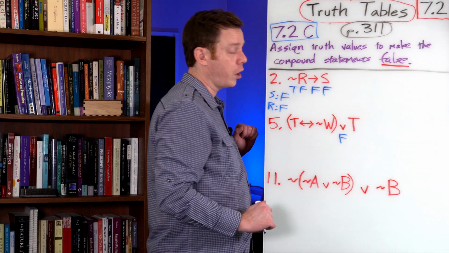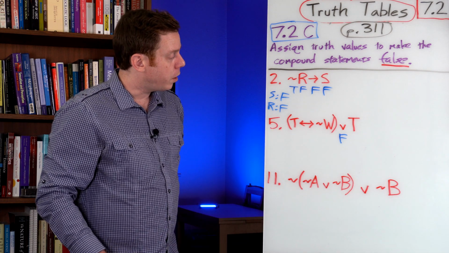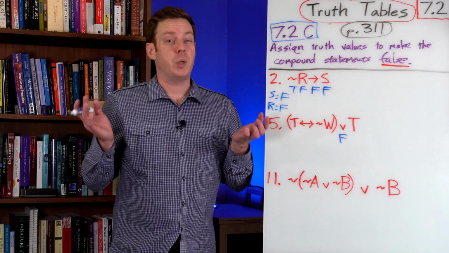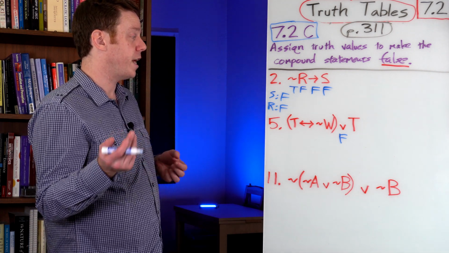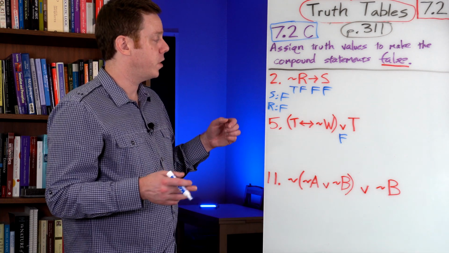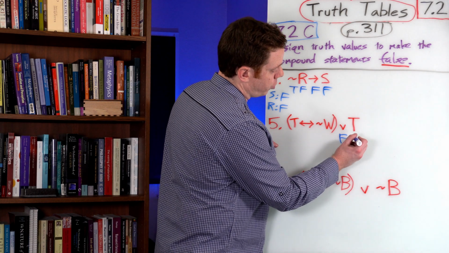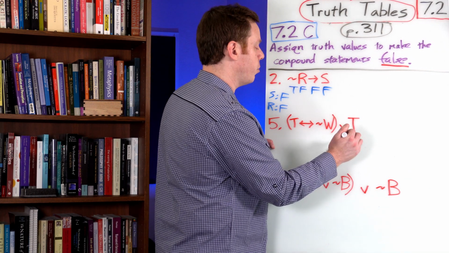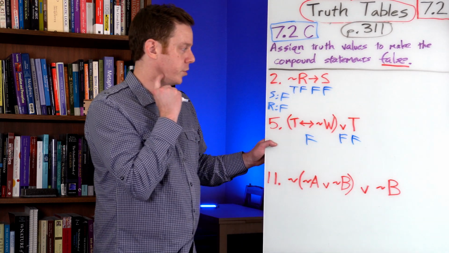An either-or needs both sides of it to be false, right? Because it's either this or that. In order for that whole statement to be false, you need to fail on both sides. You can't have true on either side. So the right side needs to be false and the left side needs to be false.